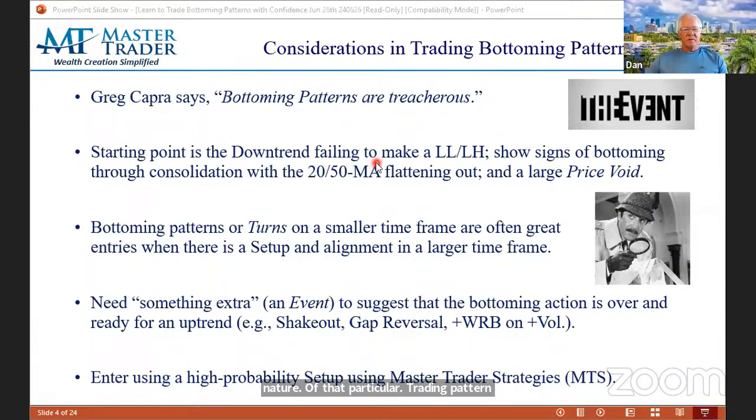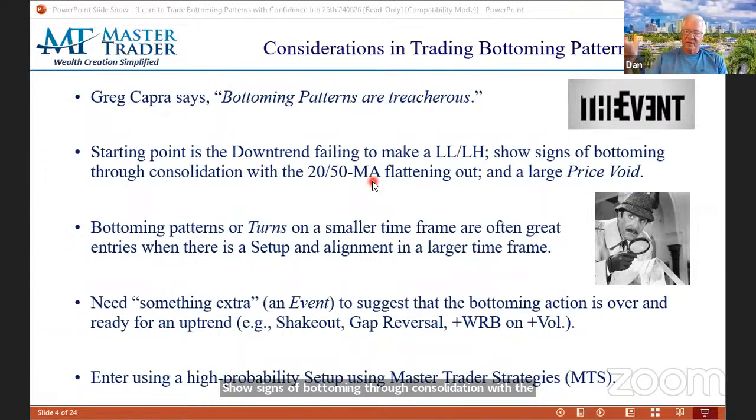So since we're talking about bottoming patterns after downtrends, a downtrend is 2 or more lower pivot highs and lower pivot lows. So the first common sense thing that we're looking for, if it's a potential bottoming pattern, is, okay, hey, it did not make a lower low, lower high anymore. It shows signs of bottoming through consolidation with the 20 and 50 flattening out.